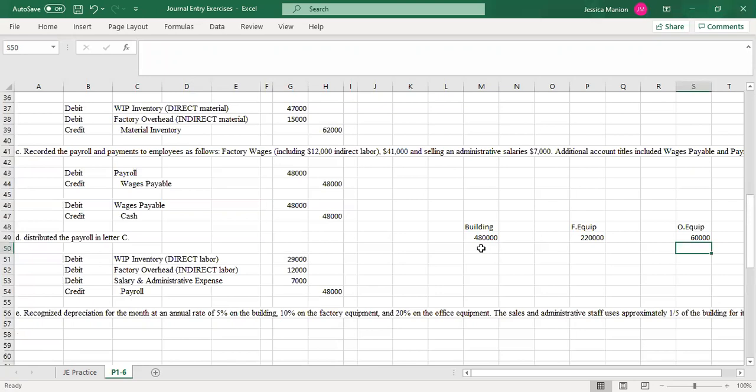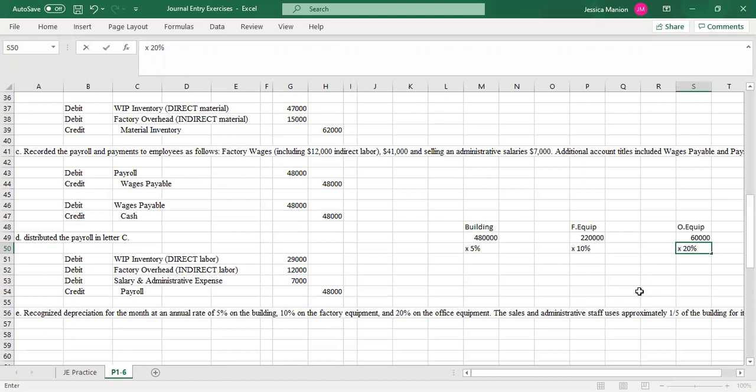And then, depreciation on the building is 5%, so times 5%. Factory equipment, 10%, so times 10%. And then 20% on the office equipment, so times 20%.